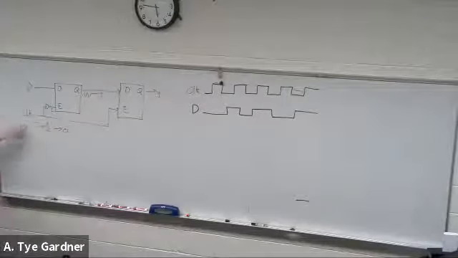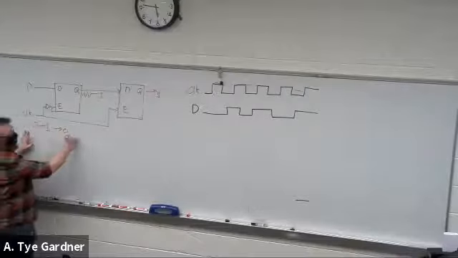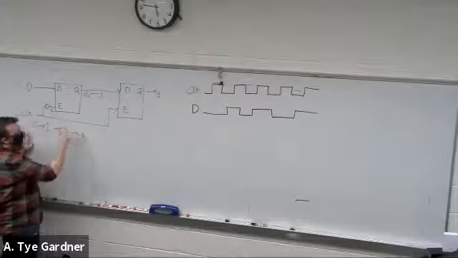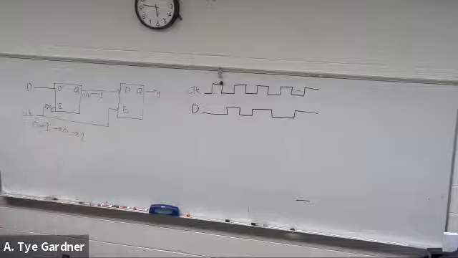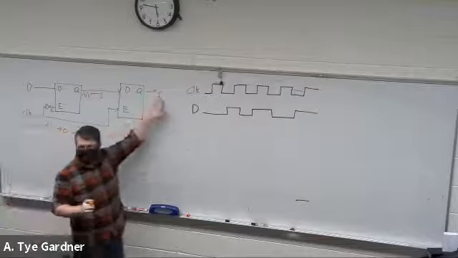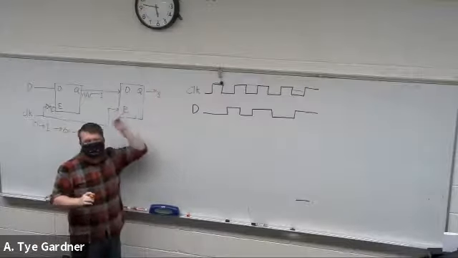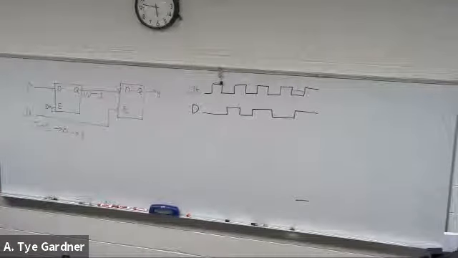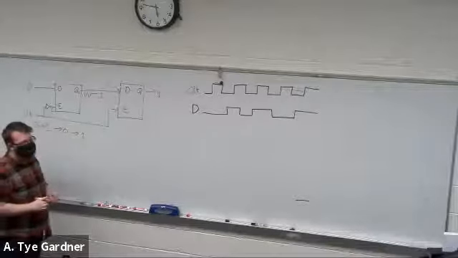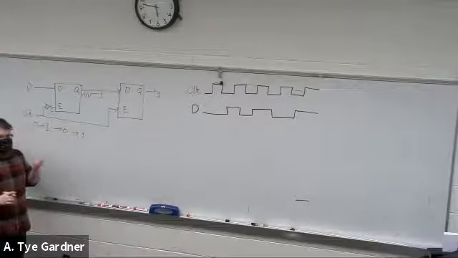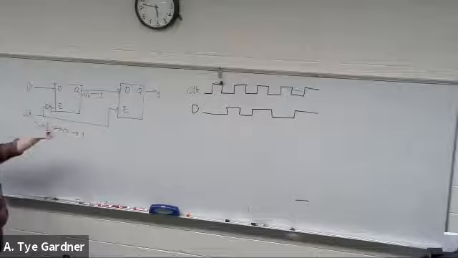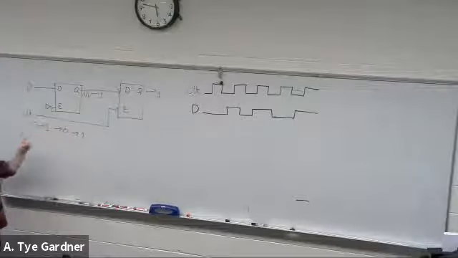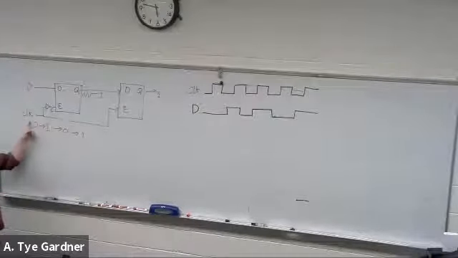Then if I flow back to 1, I clock it again. What this means is the only time that our final output Q updates a value is on the rising edge of the clock. So that's what you're hearing me say, rising edge or falling edge. This circuit only updates the final output on a rising edge of a clock.